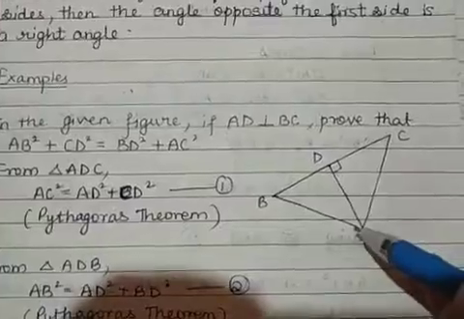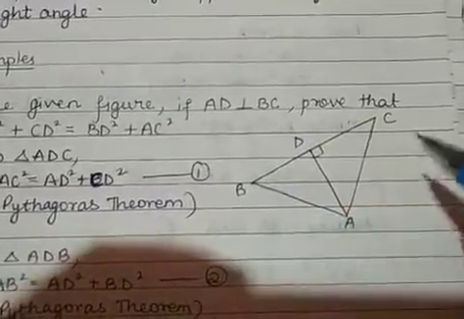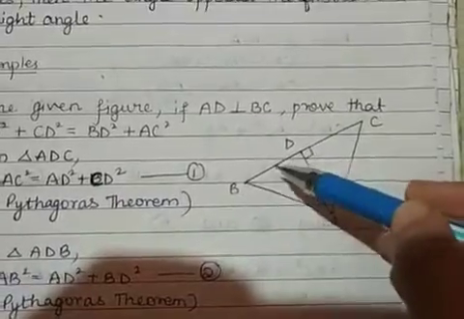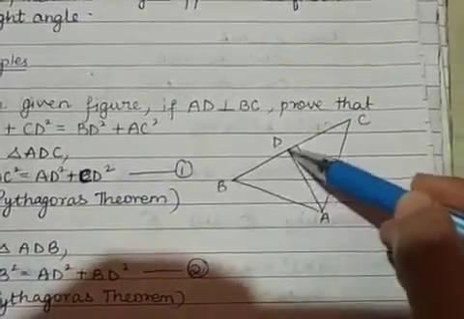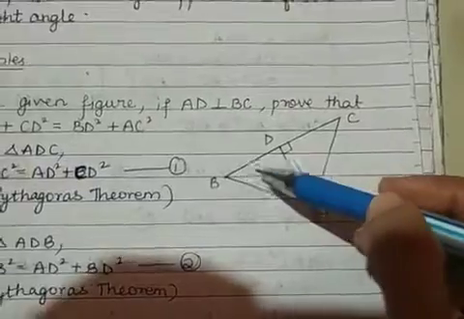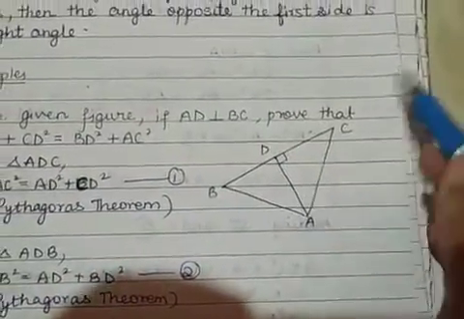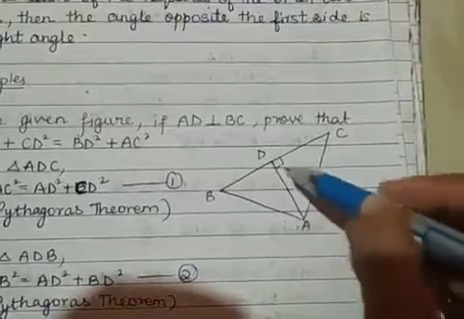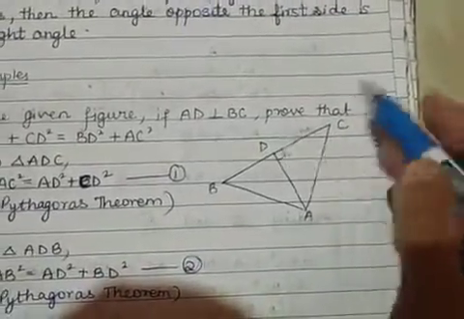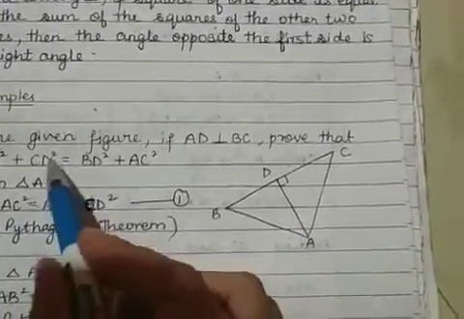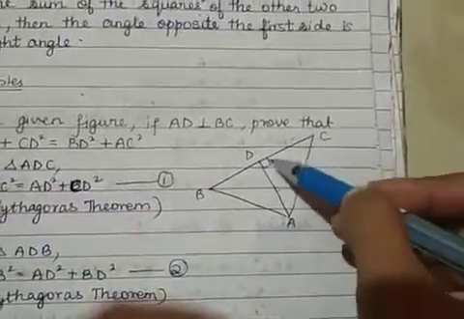Now you look at the question. Here you need AB square and CD square. If you want AD or CD, then you have to take the triangle ADC.